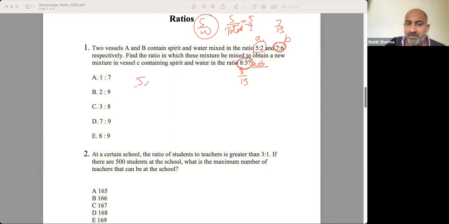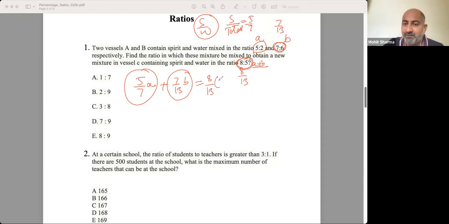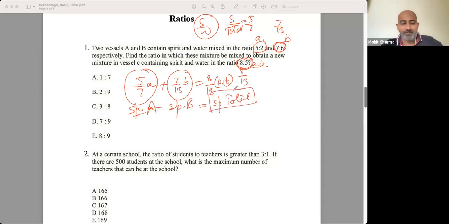Right? So 5 by 7 of A, this is the spirit, quantity of spirit. 7 by 13 B, quantity of spirit in vessel B. And ultimately, we are making 8 by 13 of A plus B. So spirit in A, spirit in B is total spirit. Okay, spirit in vessel A, spirit in vessel B is equal to spirit total.